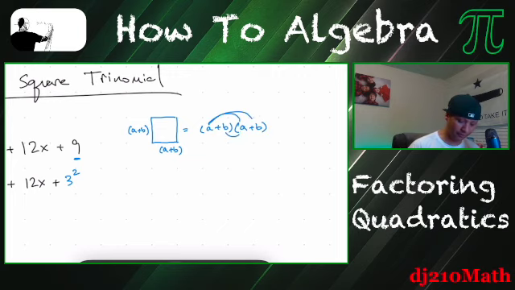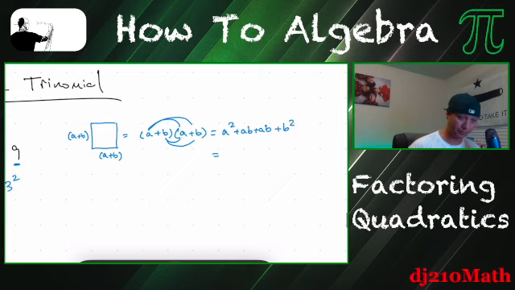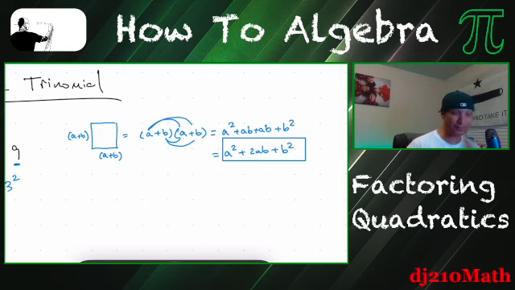When we distribute, this becomes a squared plus ab plus ab plus b squared, which is a squared plus 2ab plus b squared. No matter what a and b are, this will always be the outcome. And what this means is that a plus b times a plus b is really a plus b squared, because there are 2 of them.